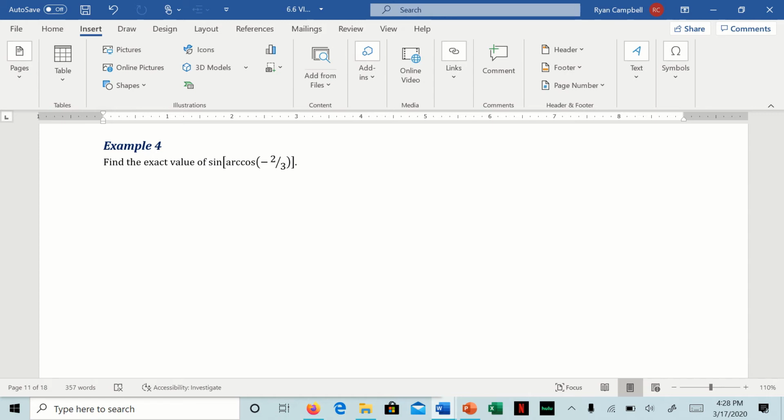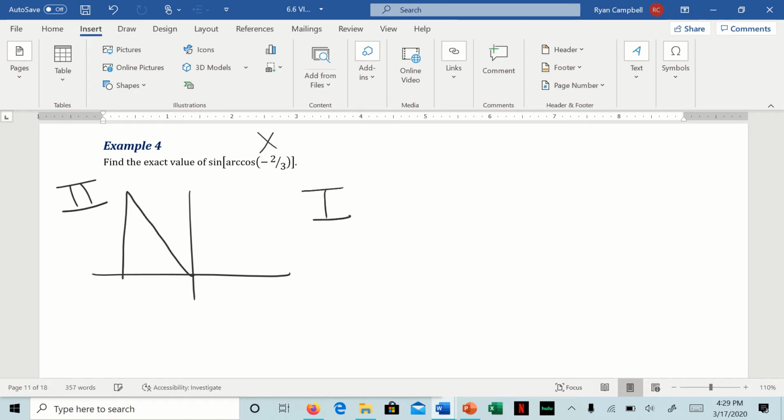If it's the inverse cosine, we are in either the first quadrant or the second quadrant. So which one is negative 2/3? That's going to be the second quadrant, right? Because when we think cosine, we think x value. So if it's negative, we're here. So cosine is negative 2 over 3.